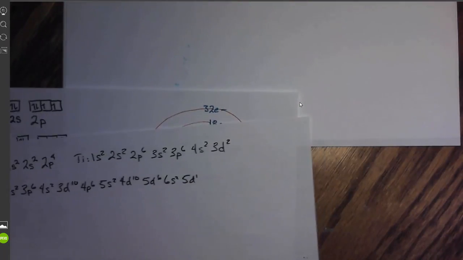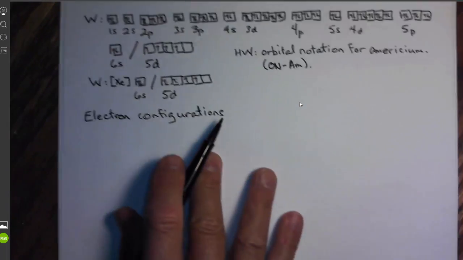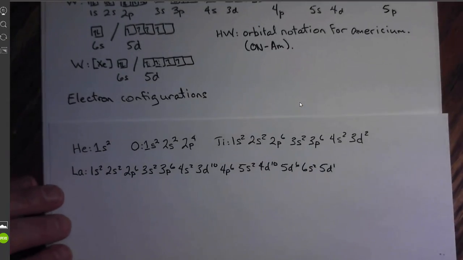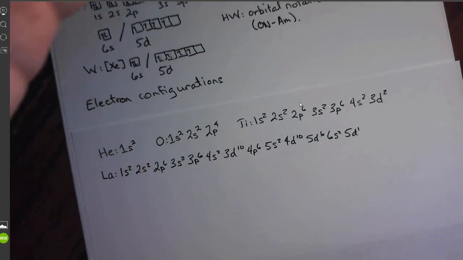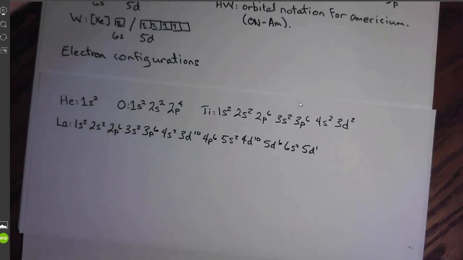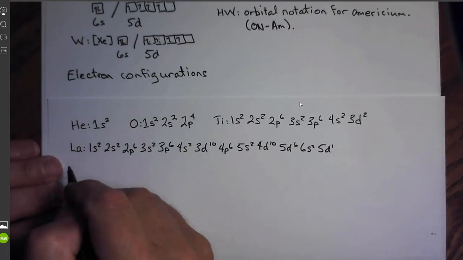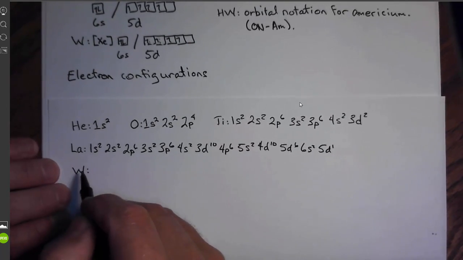Let's see. Then if we were doing tungsten here, we have to skip over that F sublevel. So we do this. Let me turn my camera a little bit, make it easier for me to write. Okay, so W, colon, always have to have the element symbol and the colon.